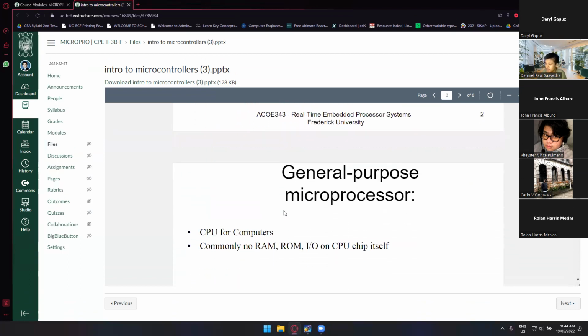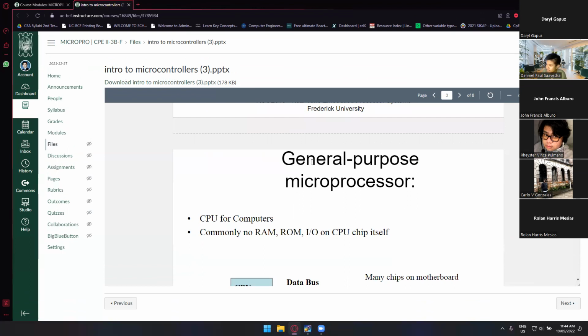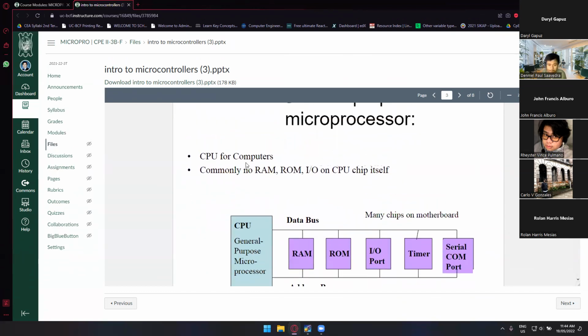Okay, so let's start by having this discussion with the general purpose microprocessor. So microprocessor is another term for CPU for computers. Actually, it's just a CPU. Okay, when we see microprocessor, just think about a CPU. That's about it. And then commonly, of course, since it's just a CPU, there is no RAM on it.